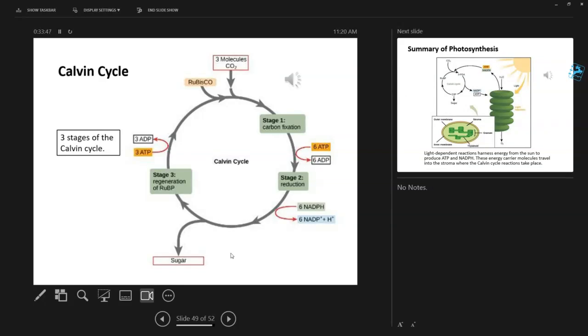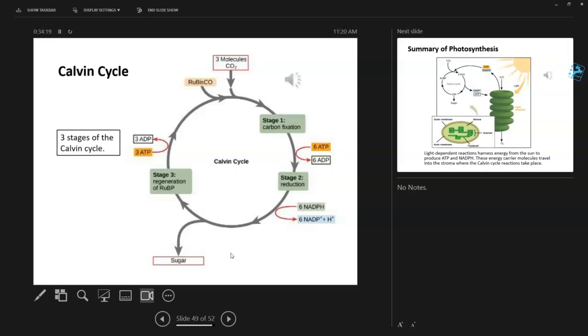And using energy from ATP and NADPH added to this, it produces sugar molecules. And that's the reduction part. Adding energy, removing this hydrogen from the NADPH, and now that's added to this molecule to make sugar.